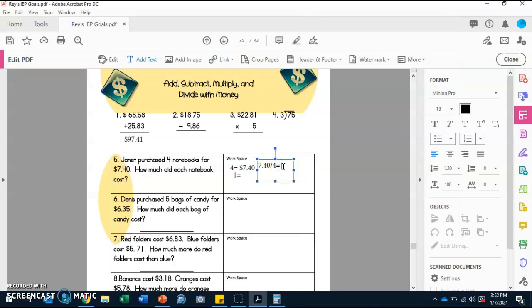So then here we're going to put $1.85. So now, how much does one notebook cost? Yes, good job. $1.85. And this is our answer.